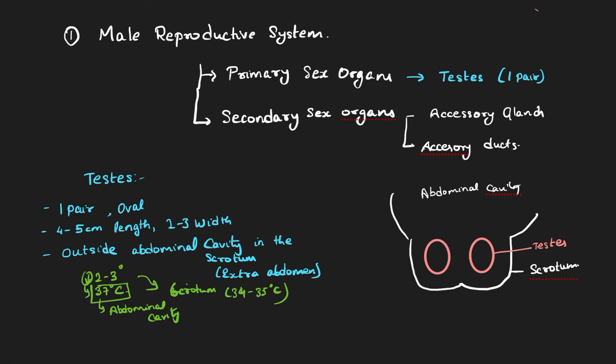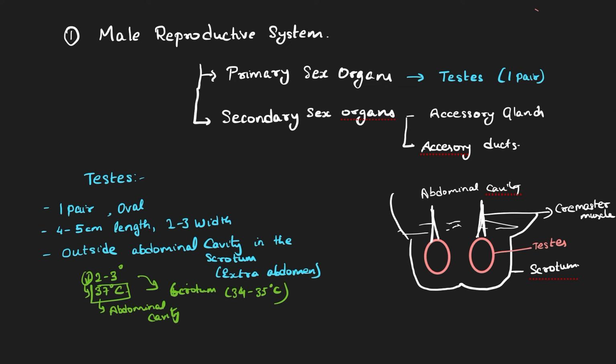Now if you see, this is known as the cremaster muscle. These testes are attached to the abdominal cavity using the cremaster muscle. This part is known as the cremaster muscle.